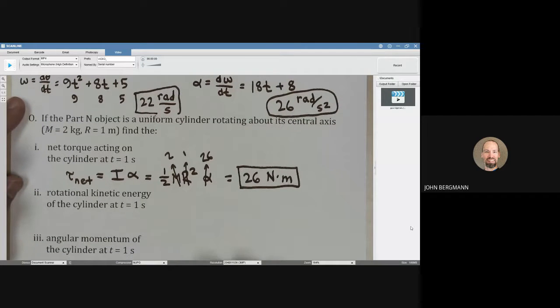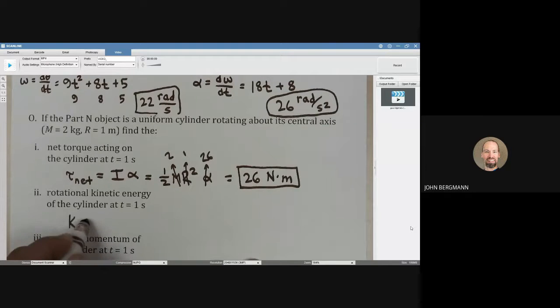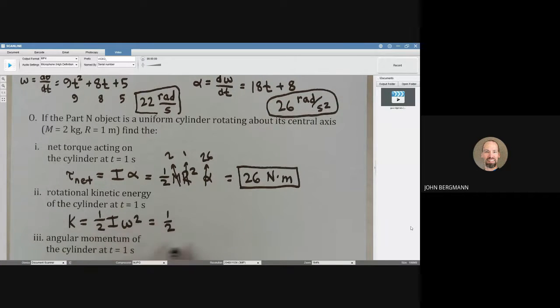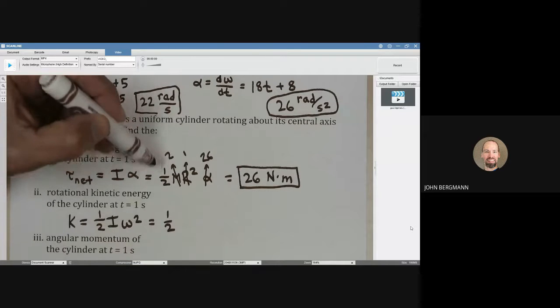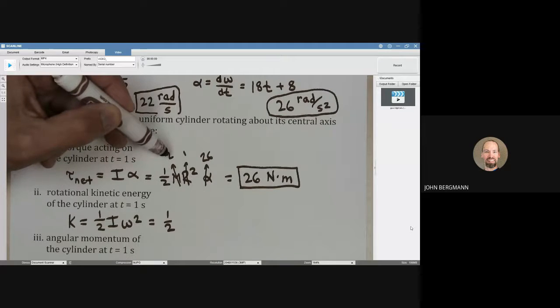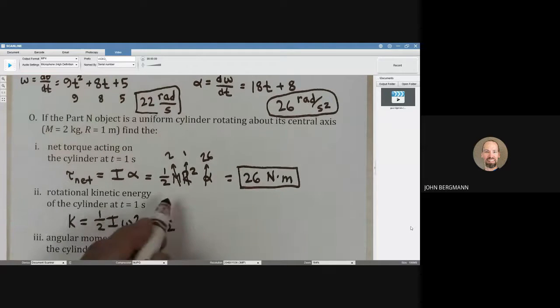How about the rotational kinetic energy of the cylinder at that time? Well, let's see. What's the rotational kinetic energy? It's 1/2 I omega squared. And we figured out the moment of inertia. What's the moment of inertia? Right here. 1/2 times 2 times 1 squared. So the moment of inertia has a magnitude of 1 for the problem we're doing.